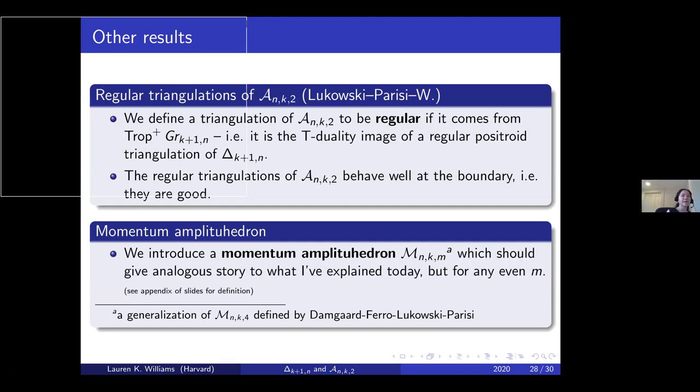And this momentum amplituhedron should be the object that gives an analogous story to what I've talked about today, but for any even m. So in particular, when m equals 2, it should be morally the same as the hypersimplex. And for m equals 4, this was previously studied, and we have a definition that works for even m.